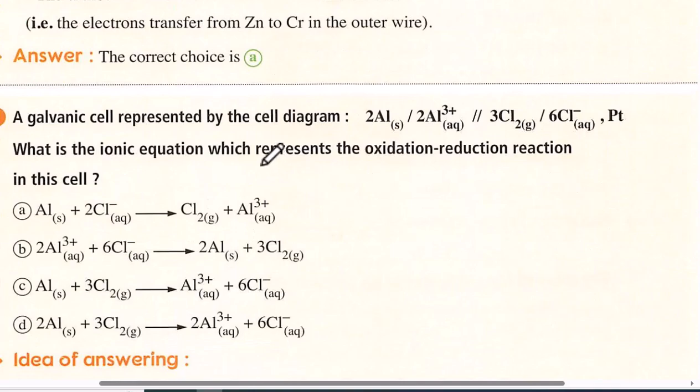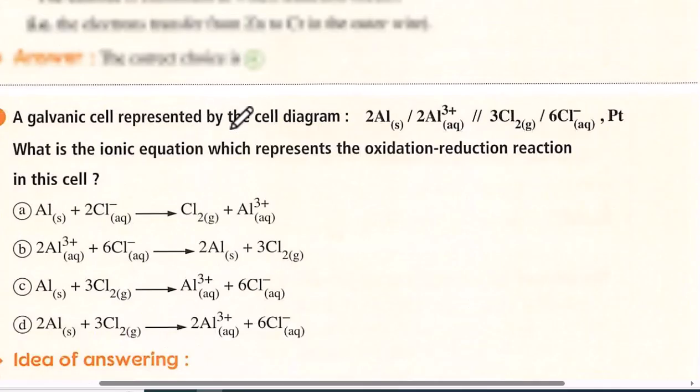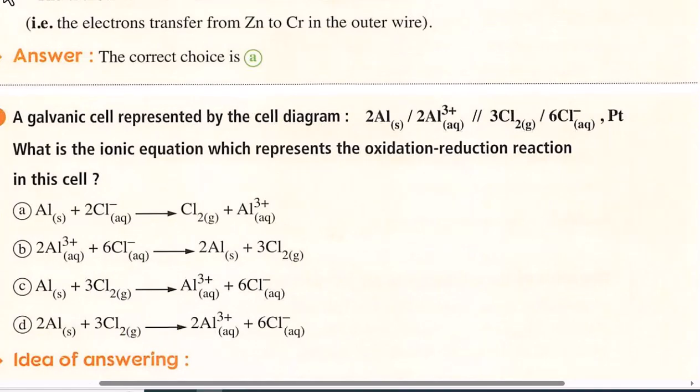Another example, a galvanic cell represented by a cell diagram. 2 aluminum 0 solid is oxidized into 2 aluminum aqueous positive 3, the salt bridge, then 3 chlorine gas is reduced into 6 chloride ions in the solution.